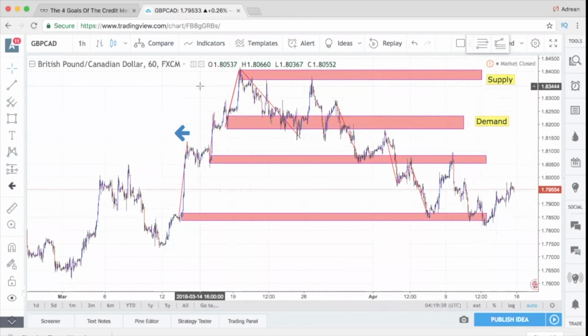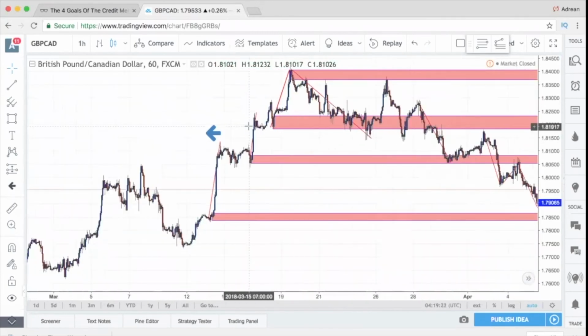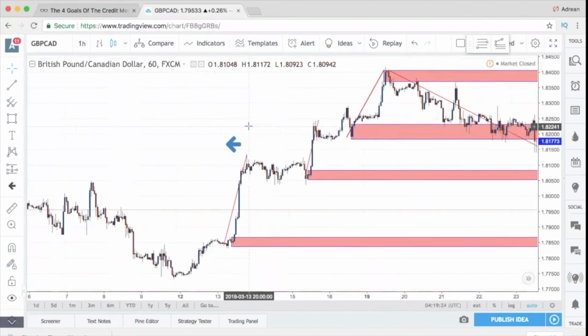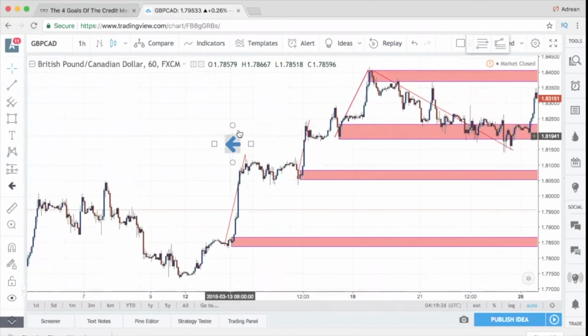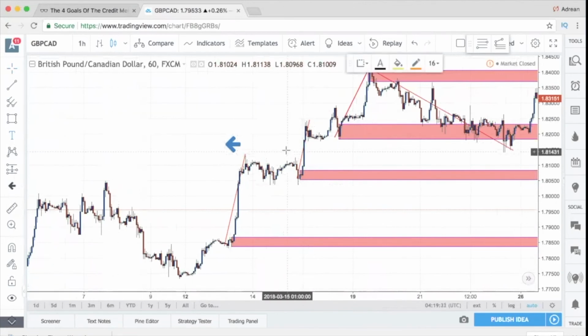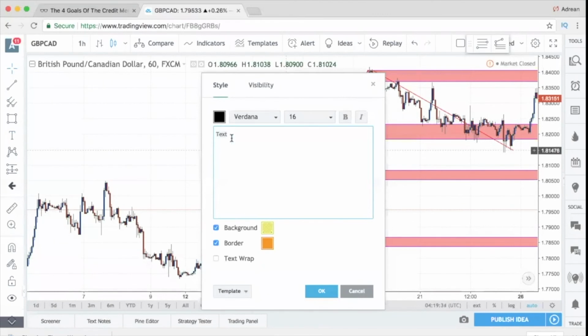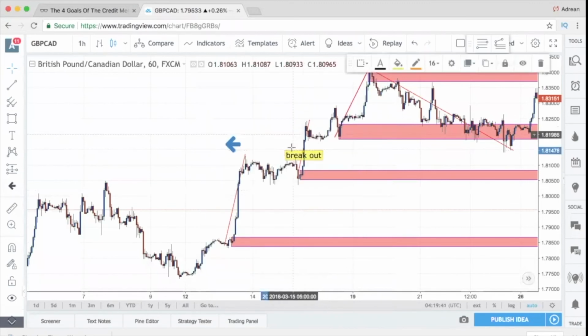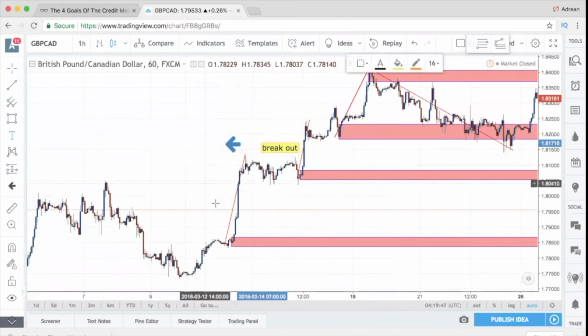On top of that, I want you to label this because this is so important. You can draw a line, and then in this back here, I want you to label your breakout areas, so that you know, and I know that you know, that these are breakout areas.